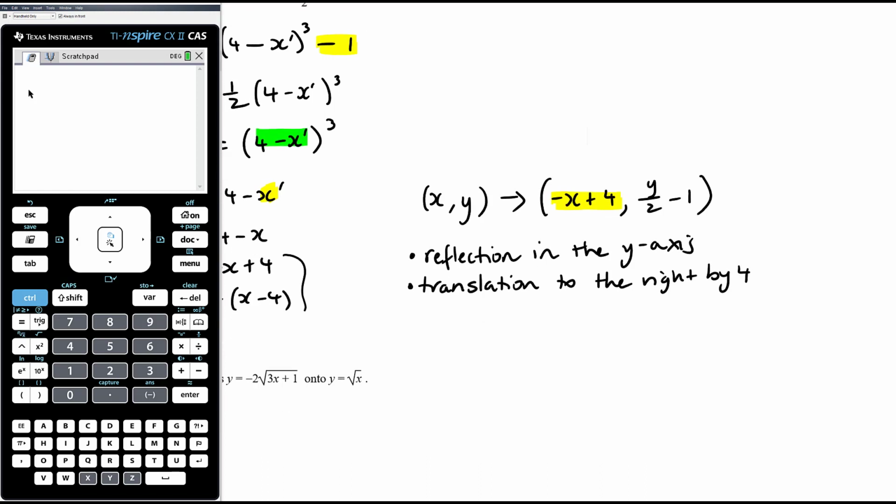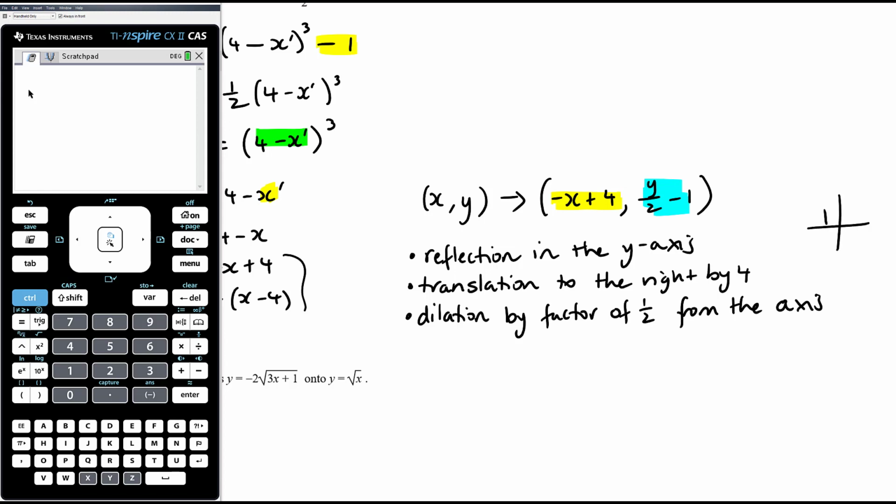And if we're looking now at the y coordinate, y has been halved. First of all, y on 2, remember, is half of y. So we've multiplied all the y coordinates by a half. So that's a dilation by a factor of half from the x-axis. If we're multiplying the y coordinates, that is from the x-axis, okay, or parallel to the y-axis.